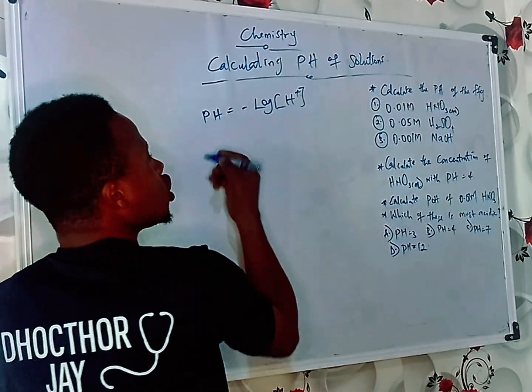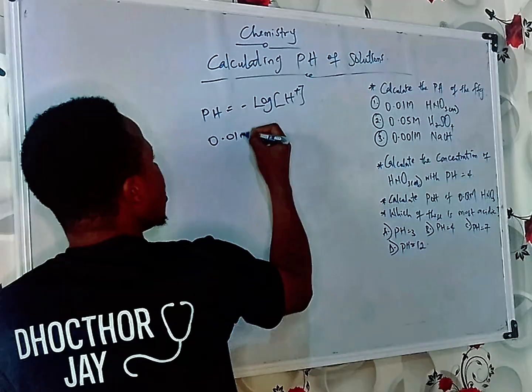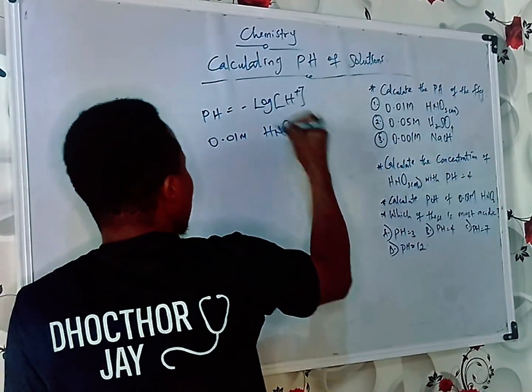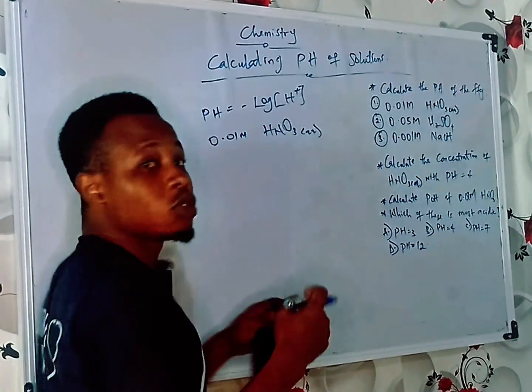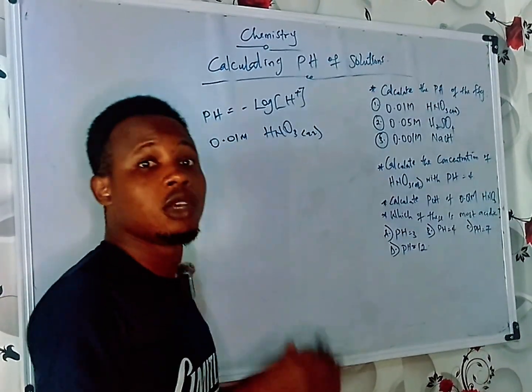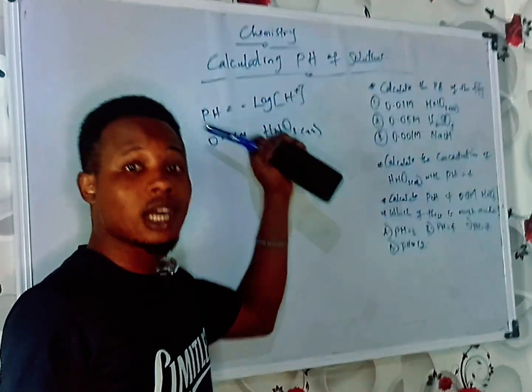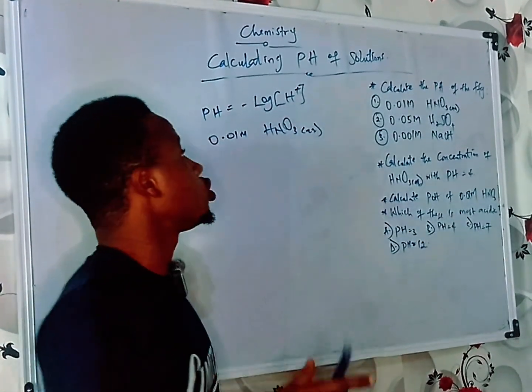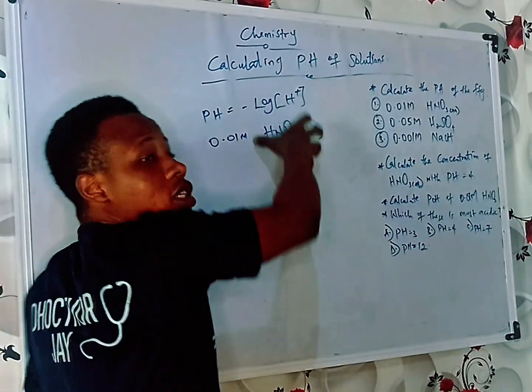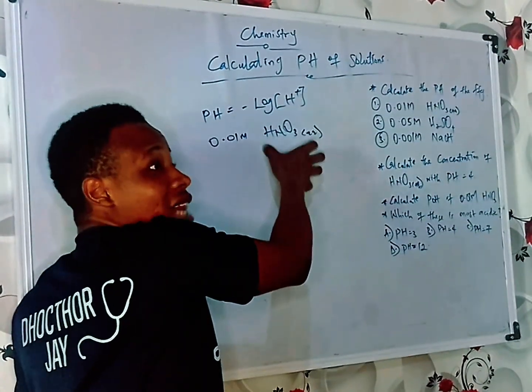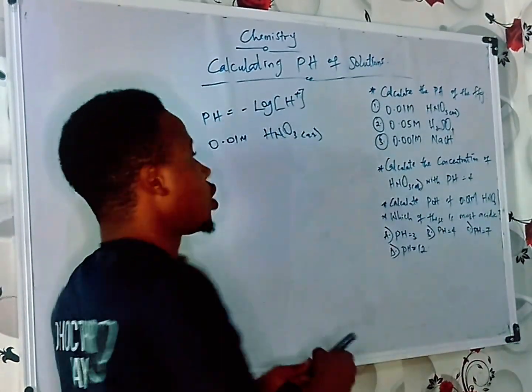To get the pH of 0.01 molar HNO3, of course aqueous, because it's going to dissociate. If it doesn't dissociate, you cannot get the hydrogen ion whose concentration you want to use in the calculation of your pH. So the first thing you do is dissociate this acid in aqueous solution.